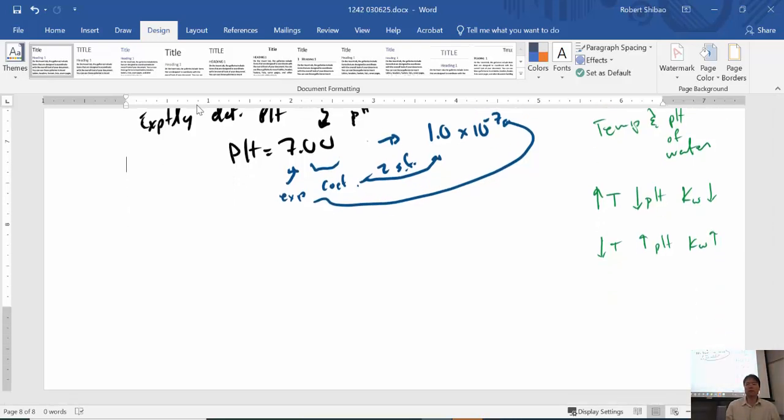Modern pH meters have a temperature correction so that water's pH, pure water's pH is 7.